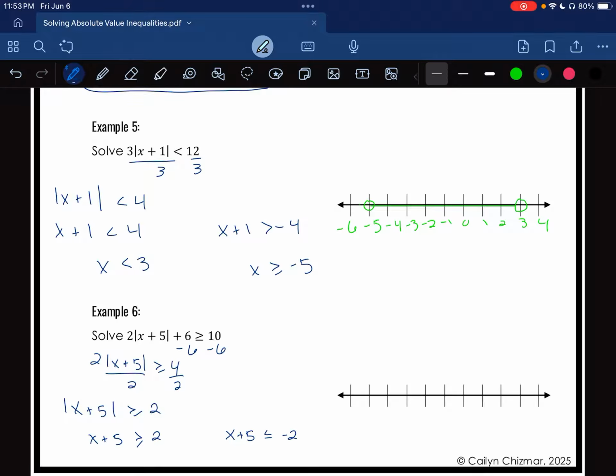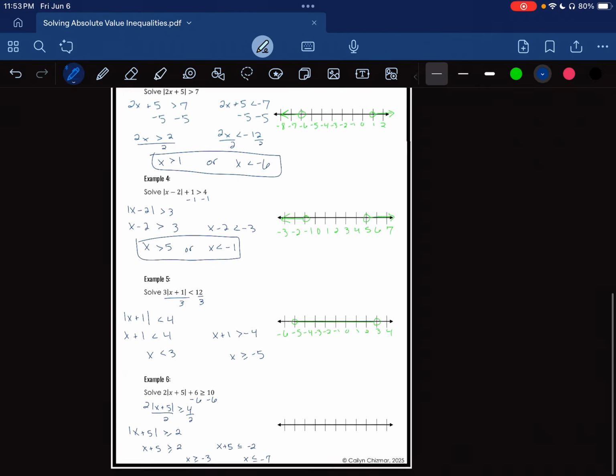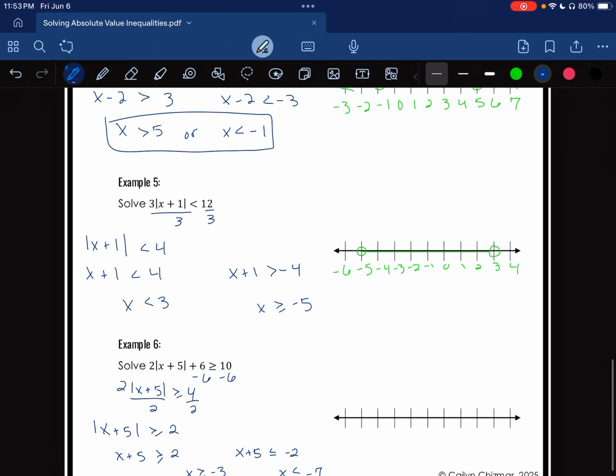So we'll end up with x is greater than or equal to -3, x is less than or equal to -7. I realized I didn't rewrite that one. So I'm going to go up really quick and rewrite this one as a compound inequality.